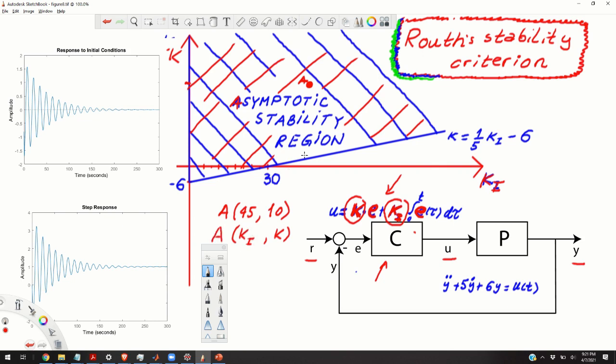That is, you can safely select these parameters, and as you will see in Matlab simulations, the system will be perfectly stable. These are the Matlab simulations. This is the step response of the system for certain values of the parameters, and this is the response to initial conditions that shows the system stability.